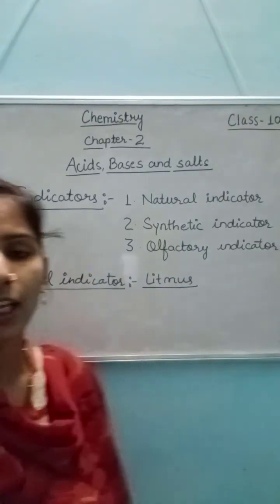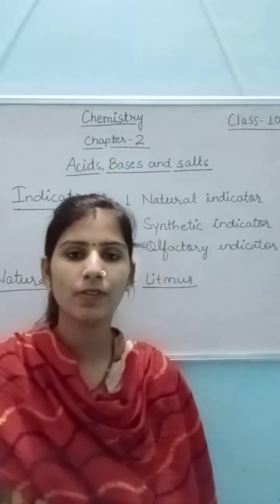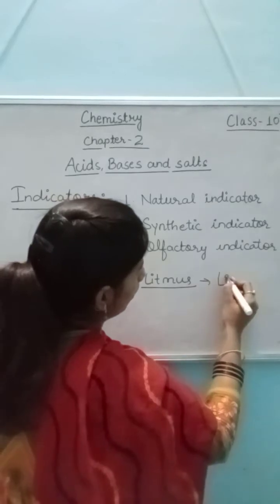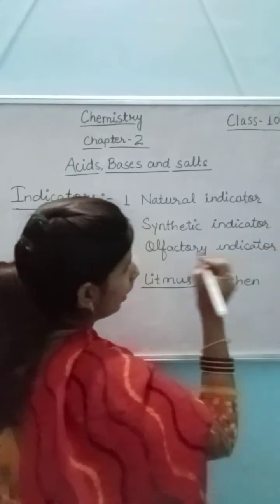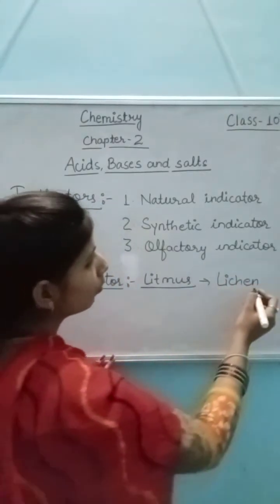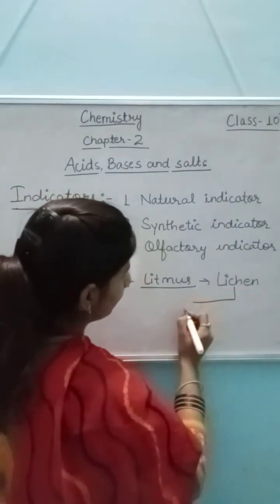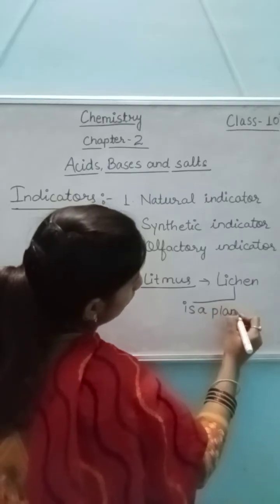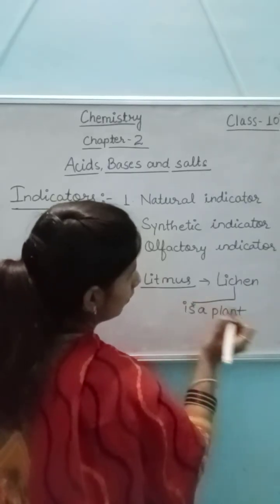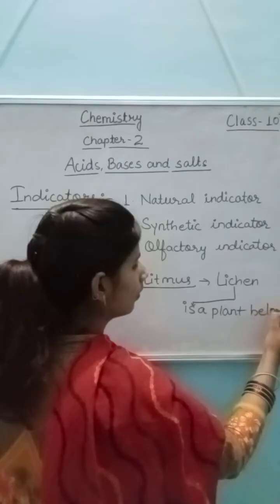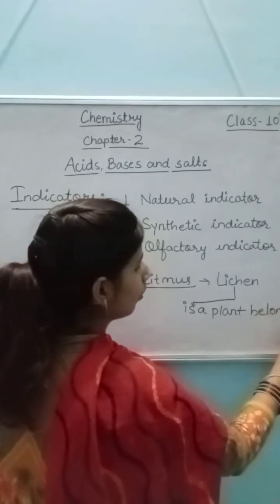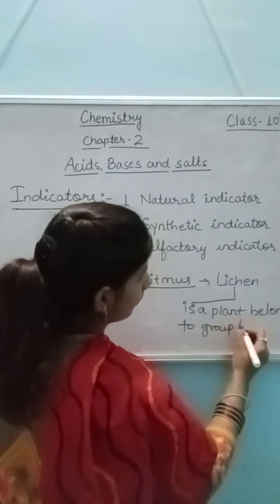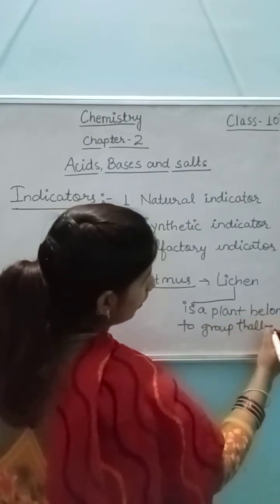Litmus is a natural indicator which we get from lichen. Lichen is a plant belonging to the group Thallophyta.